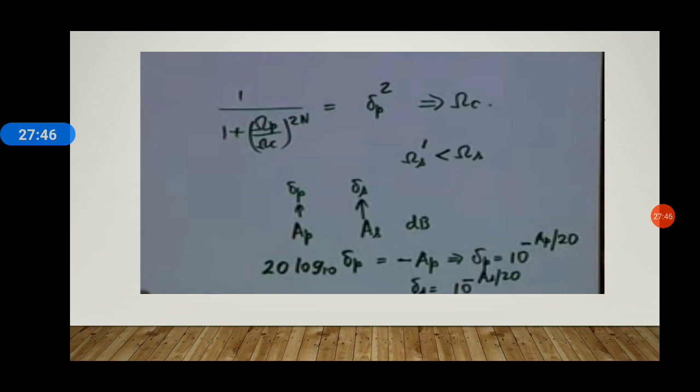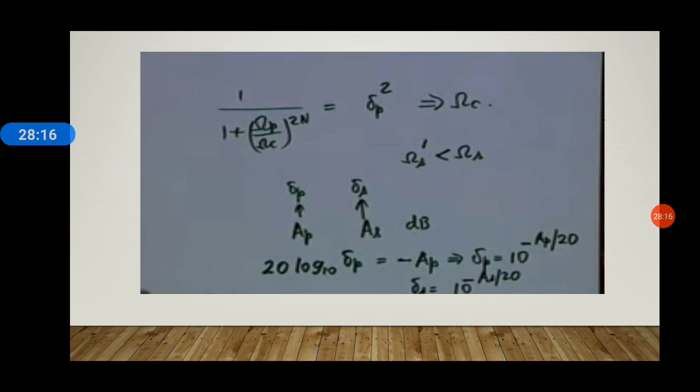Again, I would like to express that del p and del s are sometimes expressed in decibels, which are represented as AP and AS. That means 20 log 10 del p will be equal to minus AP. Why minus? Because 20 log 10 of 1 is equal to 0. Anything below that is negative. So 20 log 10 del p is equal to minus AP, and 20 log 10 del s is equal to minus AS.